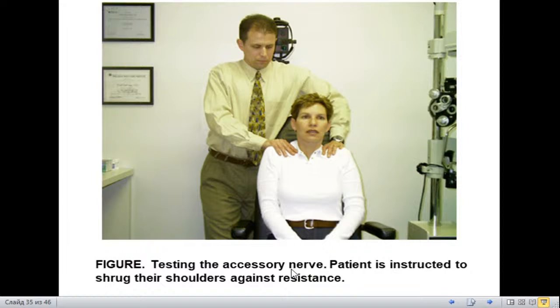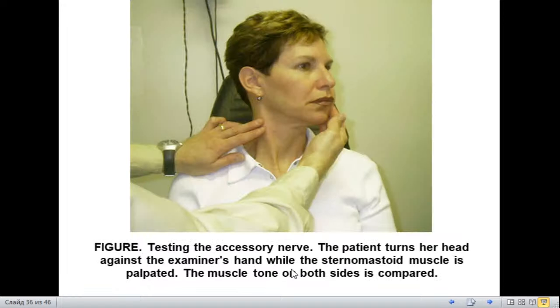And this picture shows how to test function of accessory nerve, especially sternocleidomastoid muscle and trapezius muscle. Here you can see testing of sternocleidomastoid muscle, how to detect tone of muscle.